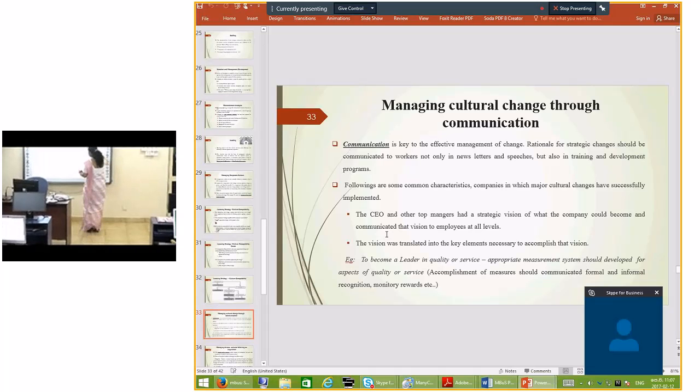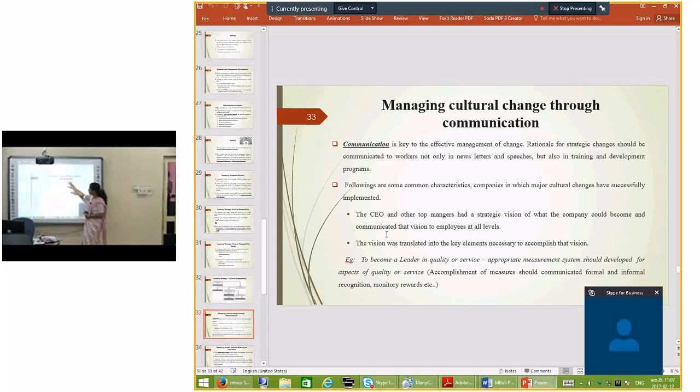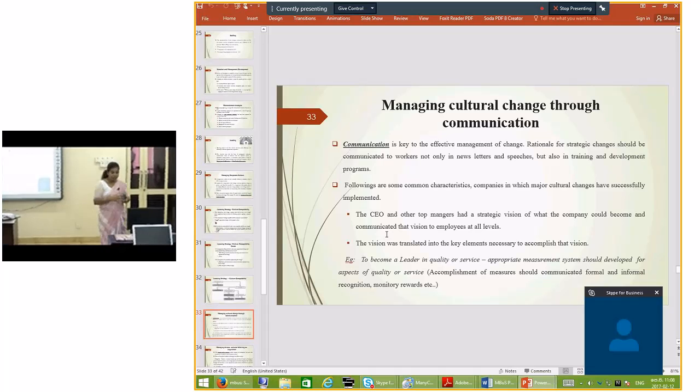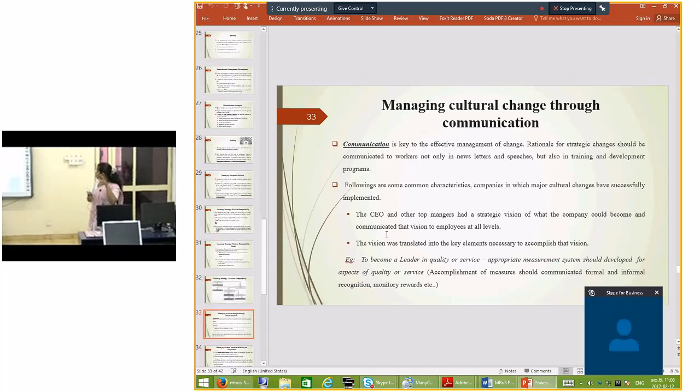It is highlighting that whatever cultural change we have, we have to communicate in advance in a very systematic manner. Here the example: to become a leader in quality or service, an appropriate measurement system should be developed for aspects of quality or service. For example, we say we are the leader in quality. In a garment industry, we can say this ABC company is going to become a leader in quality levels.